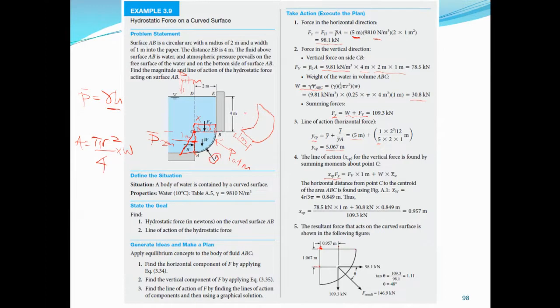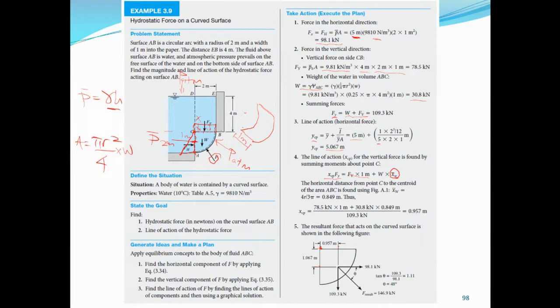But if it is vertical or inclined, then it will be acting through the center of pressure, which is not the same as the centroid of the surface. But here it will be acting through the centroid because the vertical force is acting on a horizontal plane. Then W, the weight, in this case will be acting through the centroid of the body.